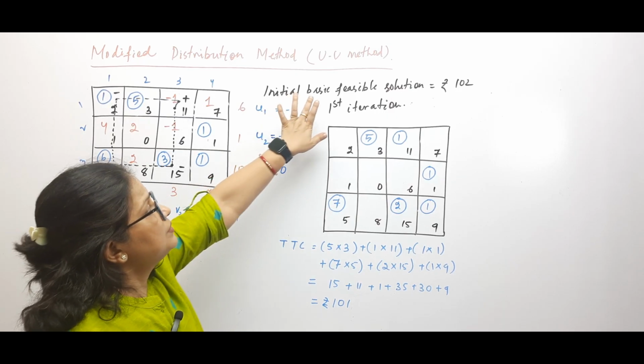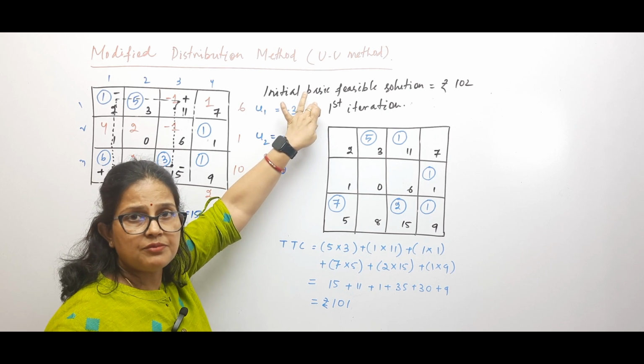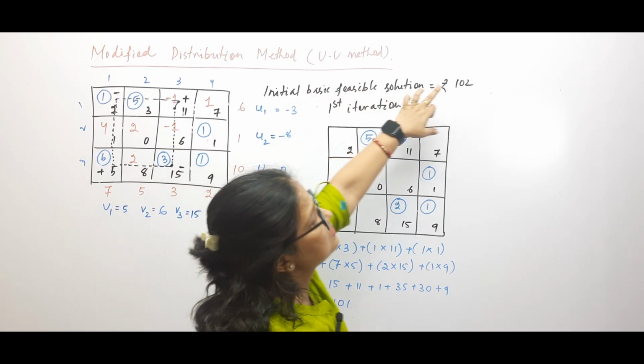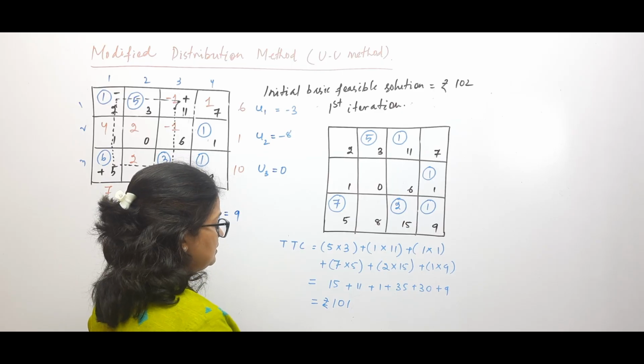So our initial basic feasible solution we got from the Vogel's approximation. The total transportation cost is 102. We have done the first iteration.